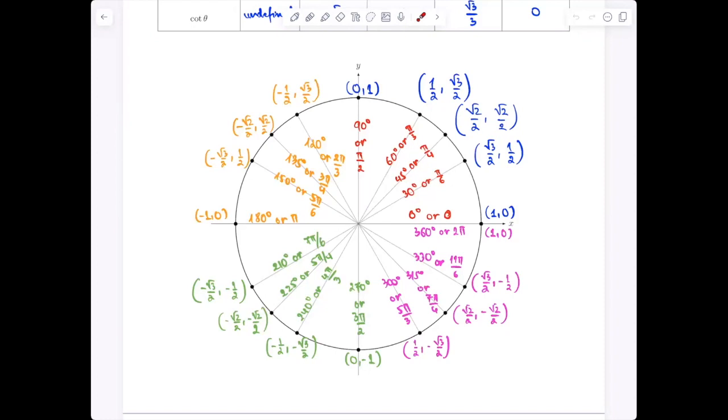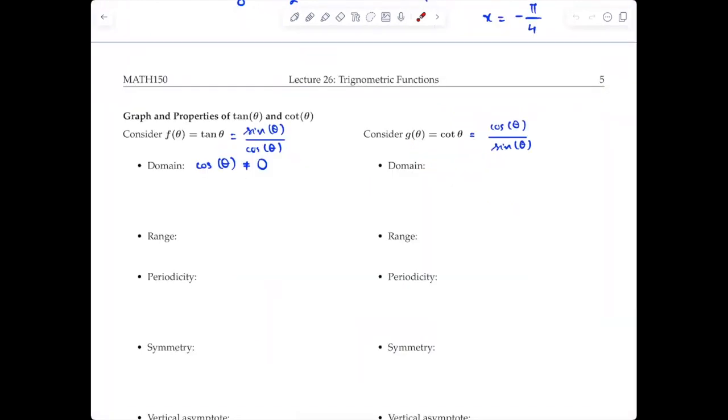Not only do you exclude the positive angles pi over 2, 3 pi over 2, 5 pi over 2, and so on, you can go to the negative side as well. So you also want to exclude negative pi over 2, negative 3 pi over 2, negative 5 pi over 2, and so on and so forth. Again, we are trying to find the domain of tangent of theta. Cosine of theta is different from 0.